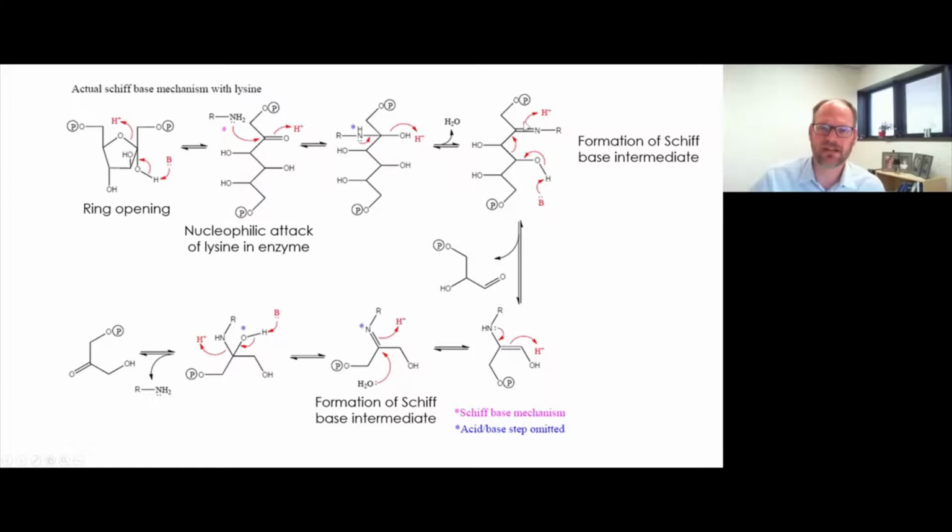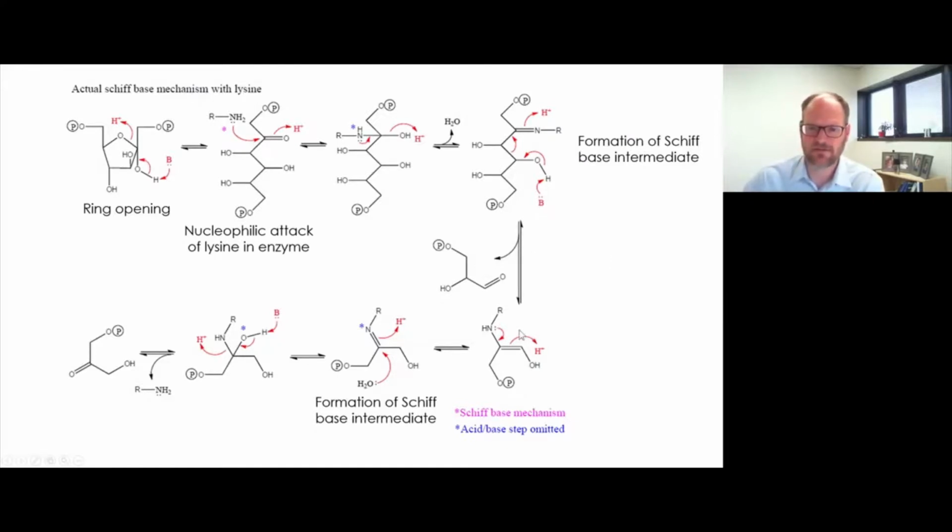Now, this Schiff base acts kind of like a pseudo carbonyl, wherein you again have an alpha and a beta position to this functional group, and if you were to abstract a proton from this position, thus kicking these electrons off, these electrons have somewhere to go. They can go here, and this can resonate back out. So this acts kind of like a pseudo-carbonyl, but the difference is that this substrate is attached to the enzyme during the reaction. And then it releases this glyceraldehyde 3-phosphate.